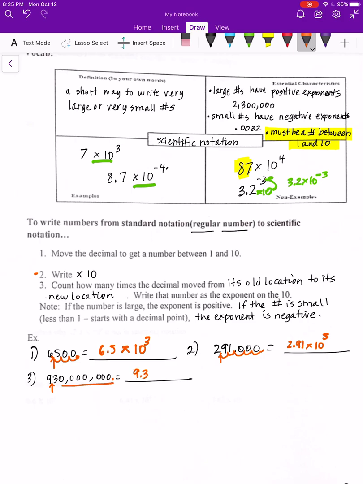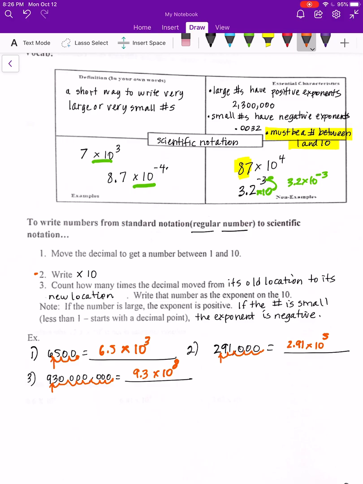Once the zeros start repeating, I can cut those off. I don't need them anymore. I'm going to carefully erase this here, though. There we go. Because now I need to write times 10. And I count how many times it moved from its old location to its new location. 1, 2, 3, 4, 5, 6, 7, 8. And of course, 930 million is a very large number.